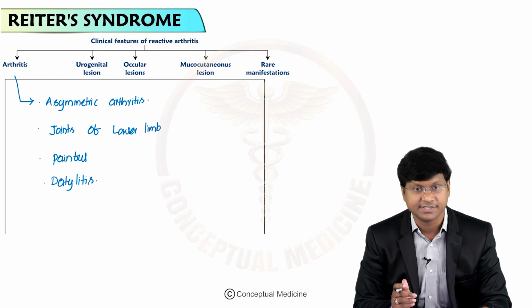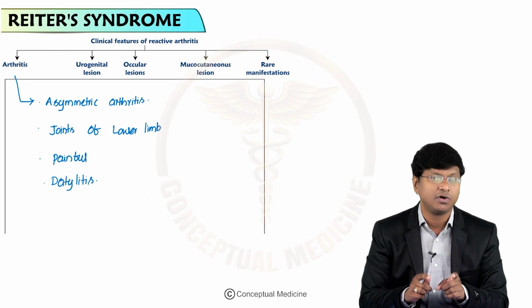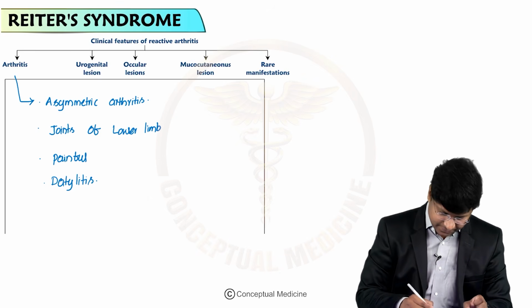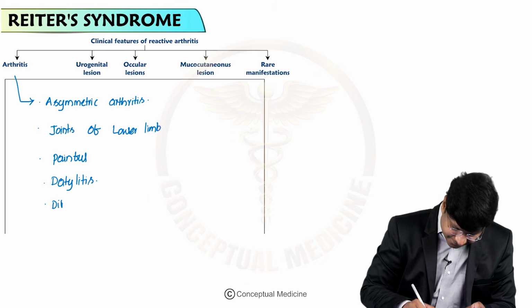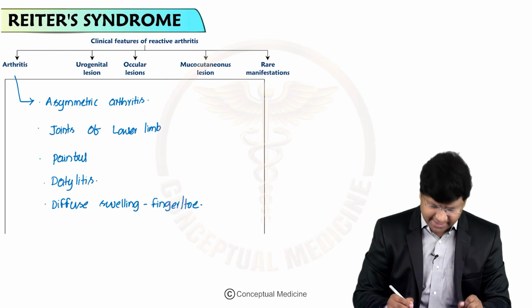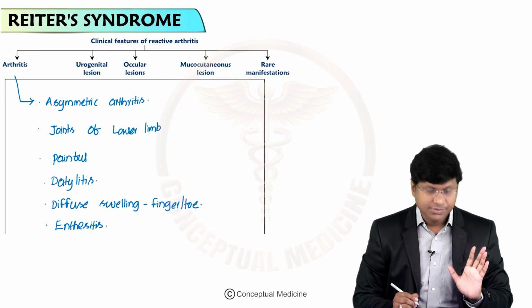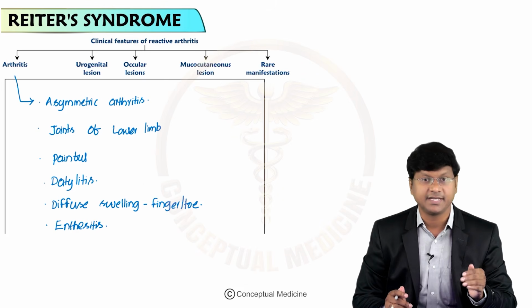And in the affected finger, there will be diffuse swelling of the solitary finger or toe. Okay, so that will be your arthritis. And apart from that, we have also discussed that this arthritis is associated with enthesitis. So this is about your asymmetrical arthritis.